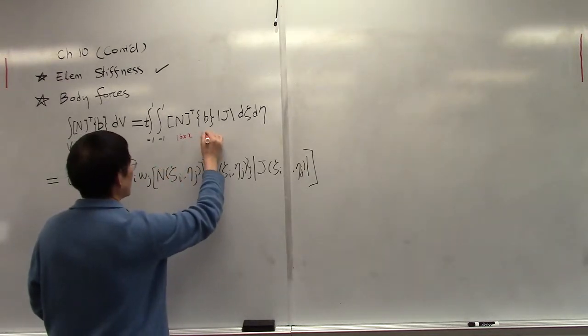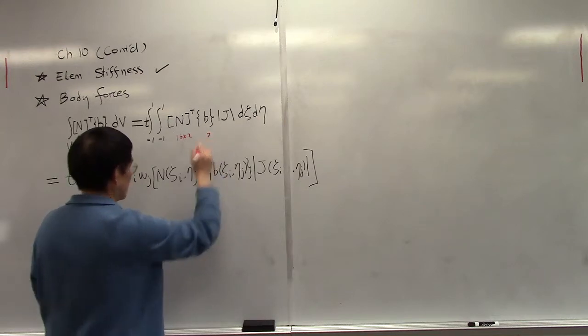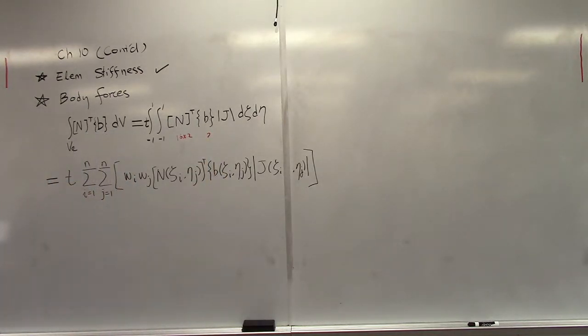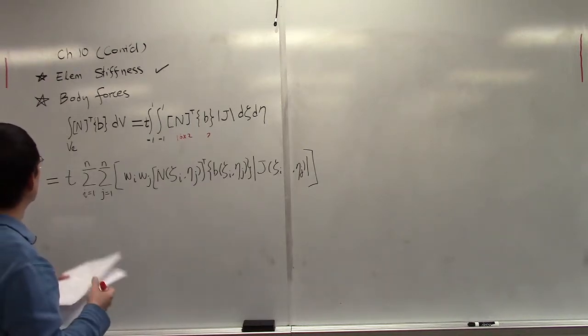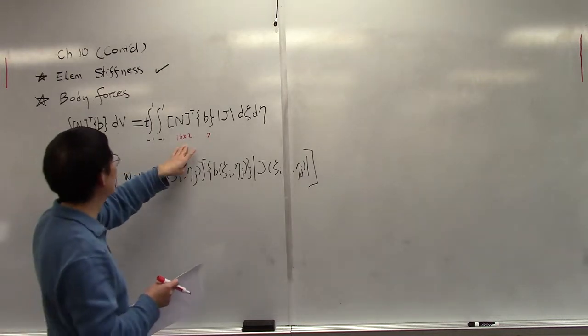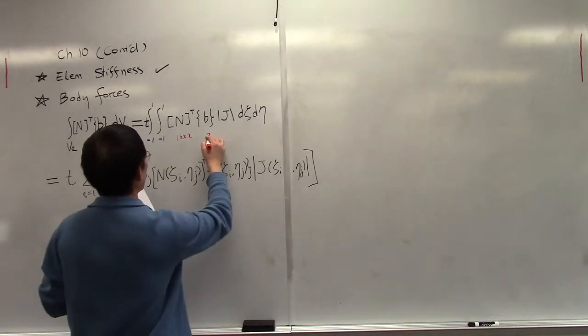So this one is 16 by 2. This is a vector, it's 2 by 1.